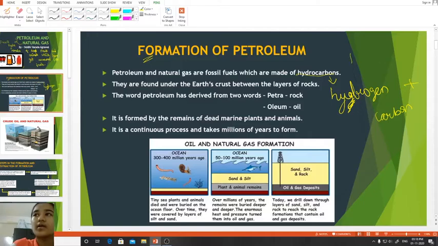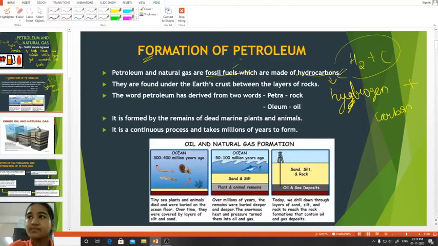So when hydrogen and carbon combine, they form hydrocarbons, as the name suggests. They are found under the Earth's crust between the layers of rocks.